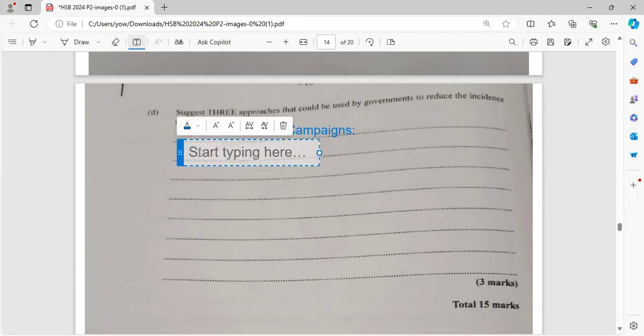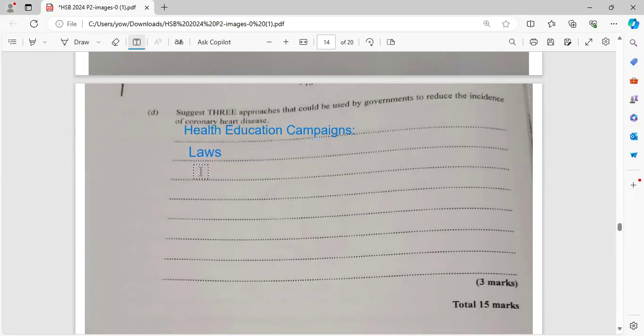Of course, you can pass laws, and laws will be against alcohol consumption, smoking, all right? So laws are a very good one also, right?